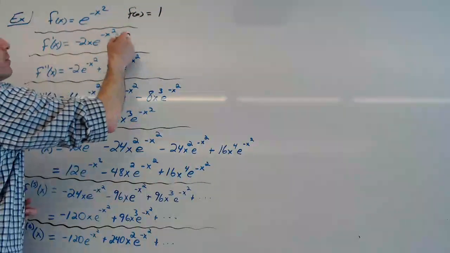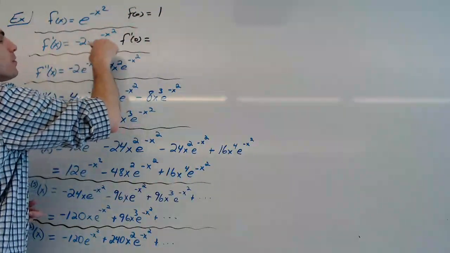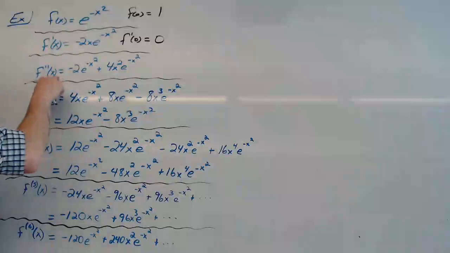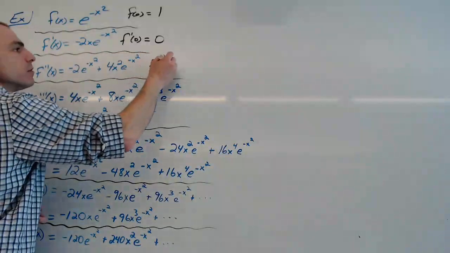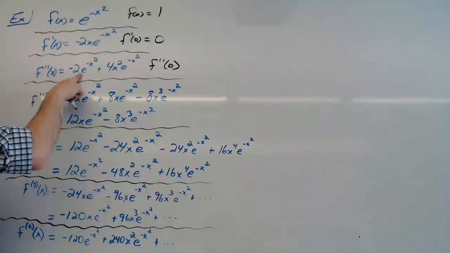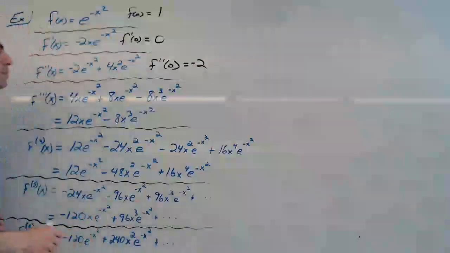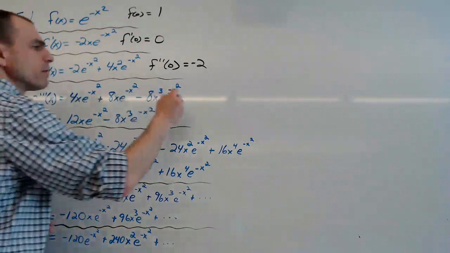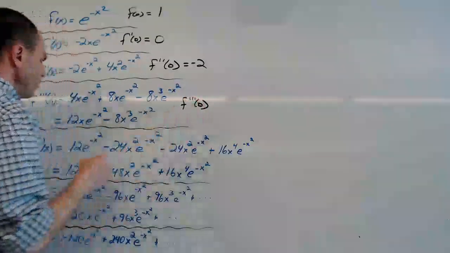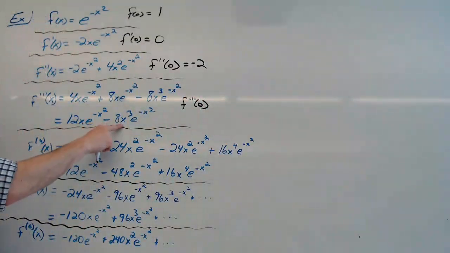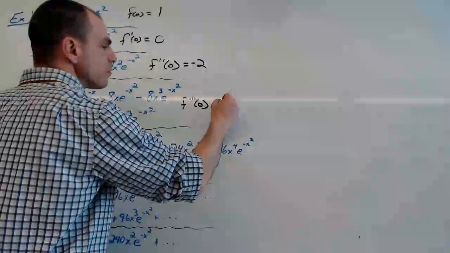When we want f prime of 0, well, that's 0 times 1. When we want the second derivative evaluated at 0, this now produces negative 2, and this produces 0, so we have negative 2. When we want the third derivative at 0, this term produces a 0, and this term produces a 0, so the third derivative will be 0.